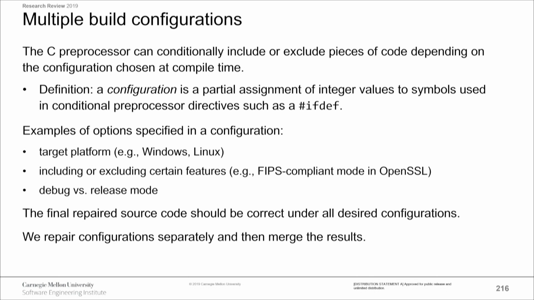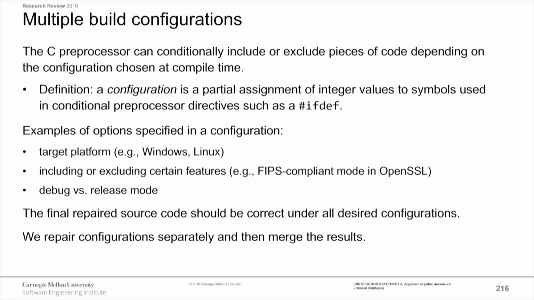The C preprocessor can conditionally include or exclude pieces of code depending on the configuration that's chosen at compile time. Examples of options in a configuration include the target platform, Windows or Linux, including or excluding features, for example FIPS mode in OpenSSL, and debug versus release mode. So the final repaired source code should be correct under all desired configurations.